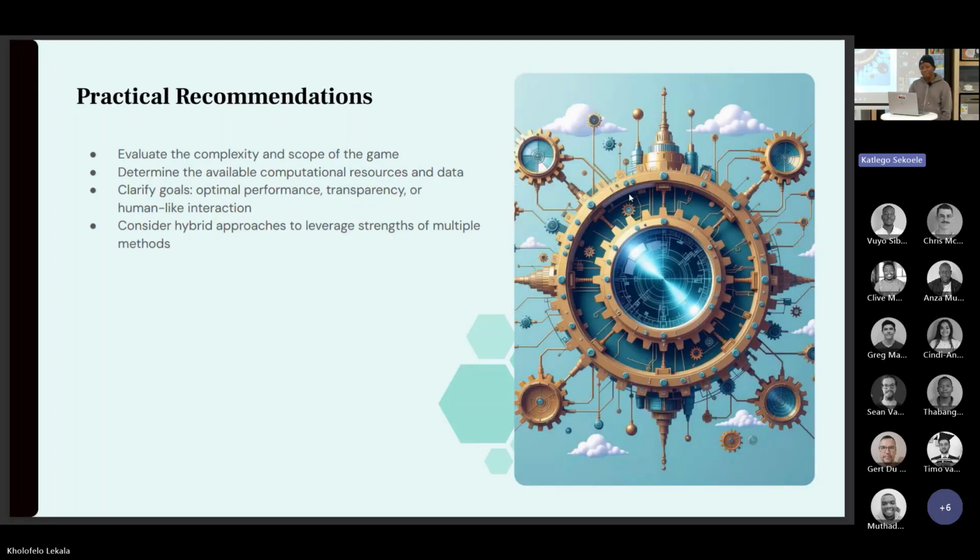And the practical recommendations are that while evaluating the actual game and its scope, you must choose the agent based on how complex or big the game state is.